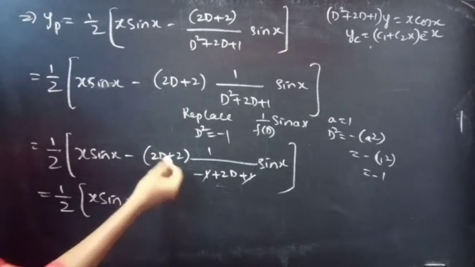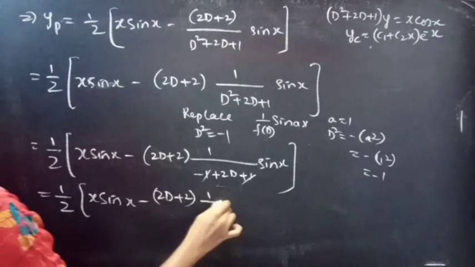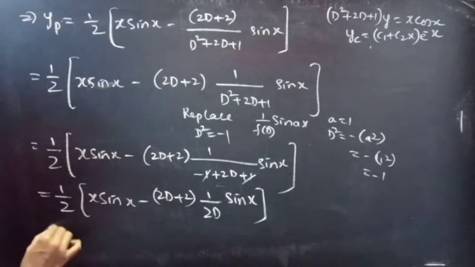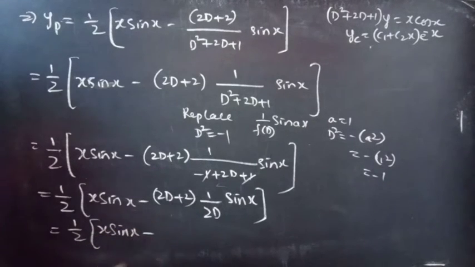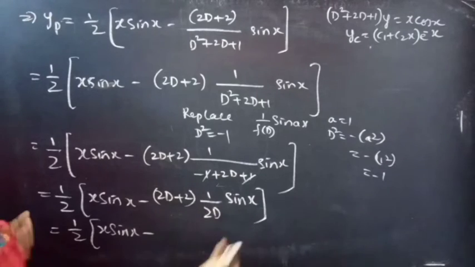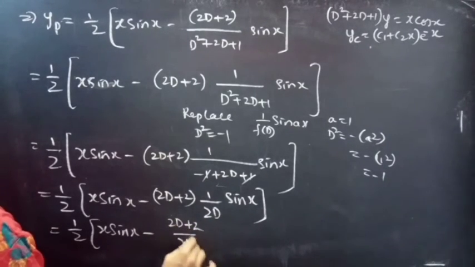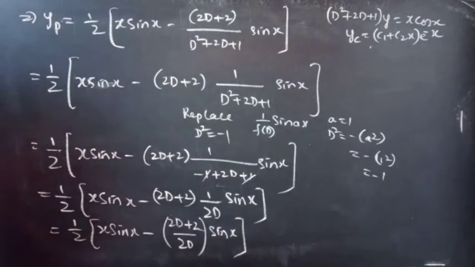And we'll get 1/2 into x sin x minus (2D plus 2) into 1/(2D) sin x. This equals 1/2 into x sin x minus, we can write (2D plus 2) into 1/(2D) as (2D plus 2)/(2D) into sin x.